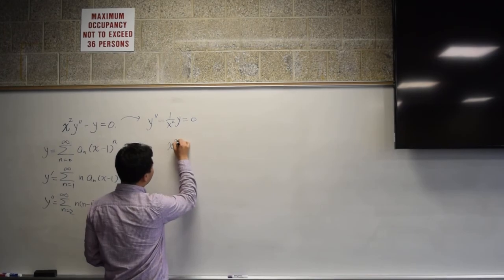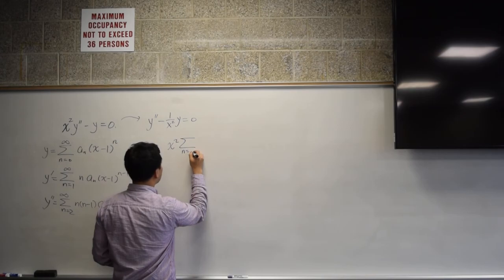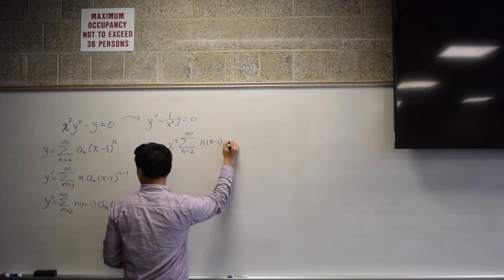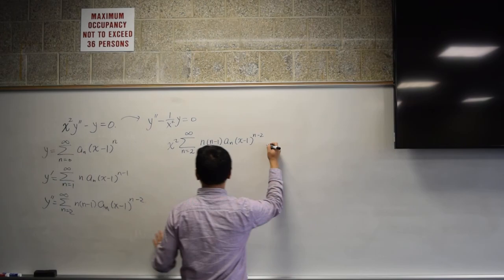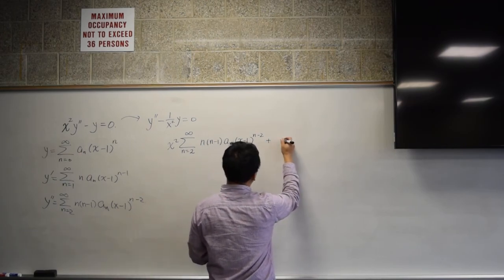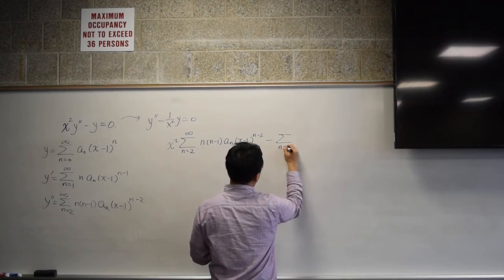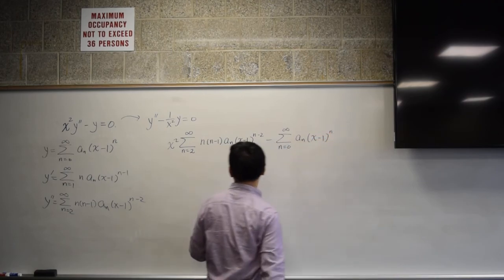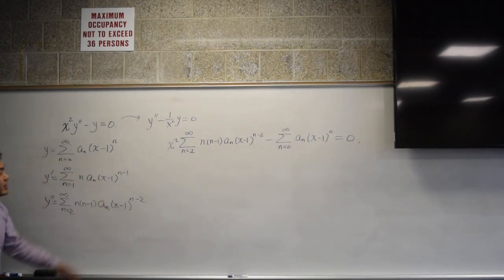So if I have x squared times the sum from n equals 2 to infinity of n(n minus 1) a_n (x minus 1)^(n minus 2), minus the sum from n equals 0 to infinity of a_n (x minus 1)^n, equal to 0. Okay, that's what I get if I plug these into the differential equation.